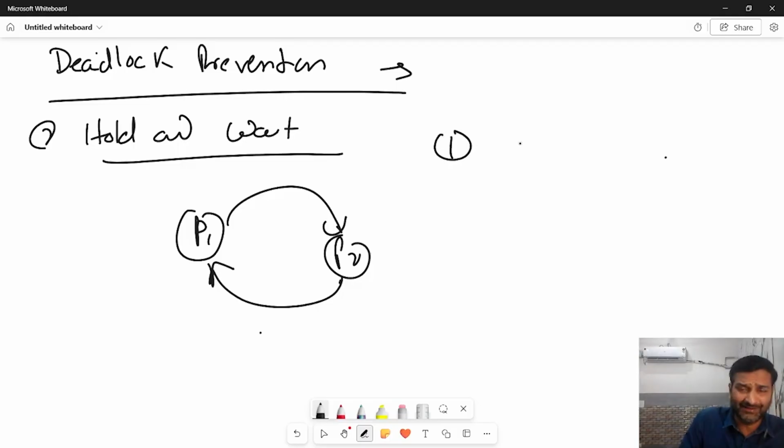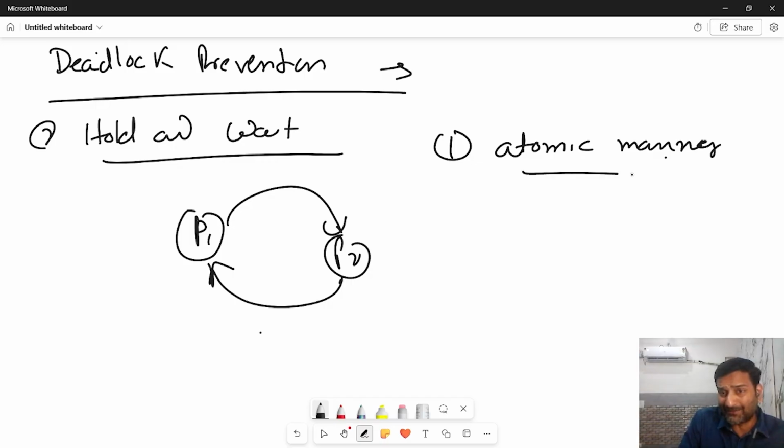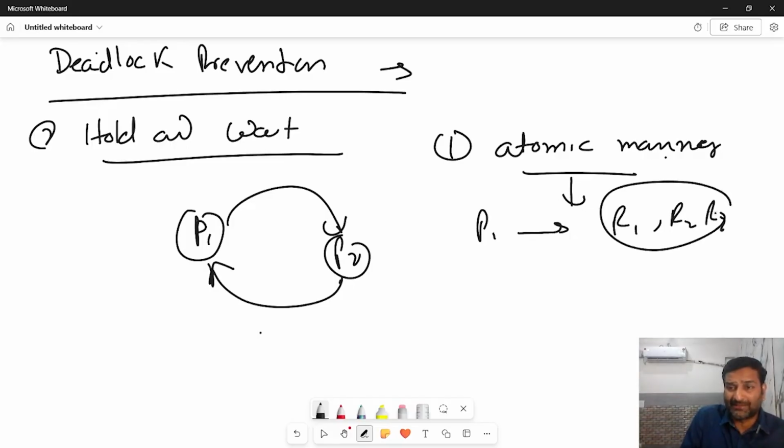The first solution is to provide all the resources in an atomic manner. What does it mean? Atomic manner means, suppose P1 needs resources R1, R2, R3. Either provide all to P1 or none.